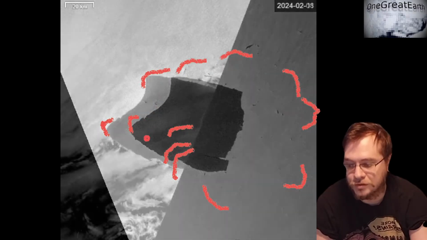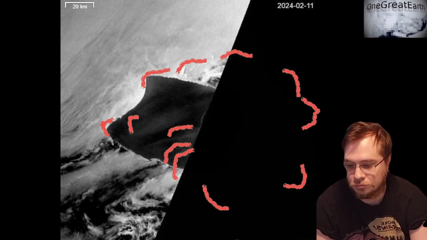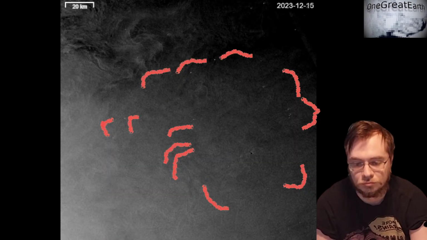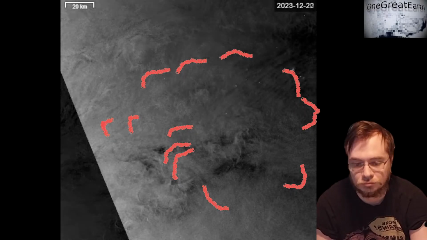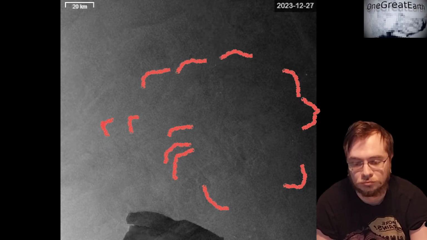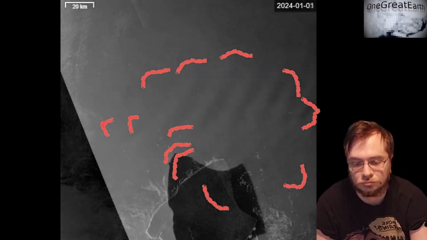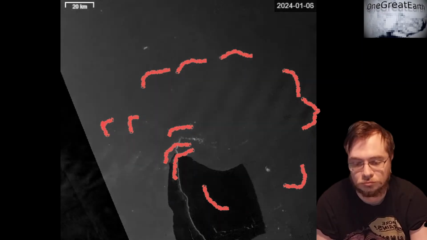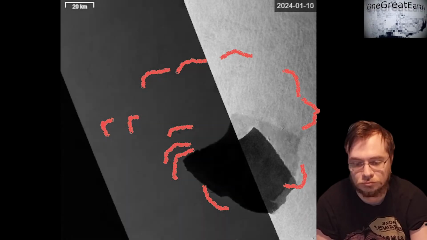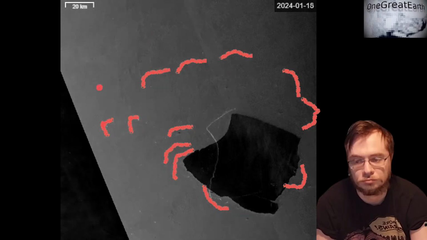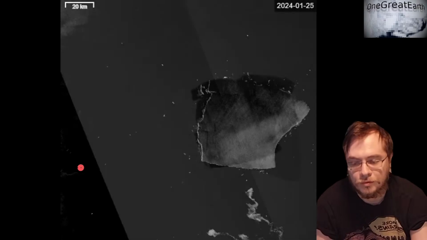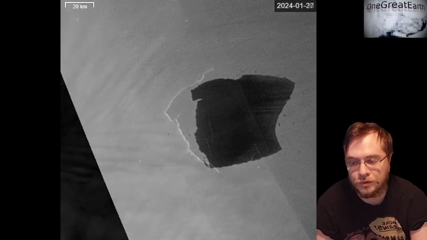It's making a lot of rotations. This thing is rotating greatly.